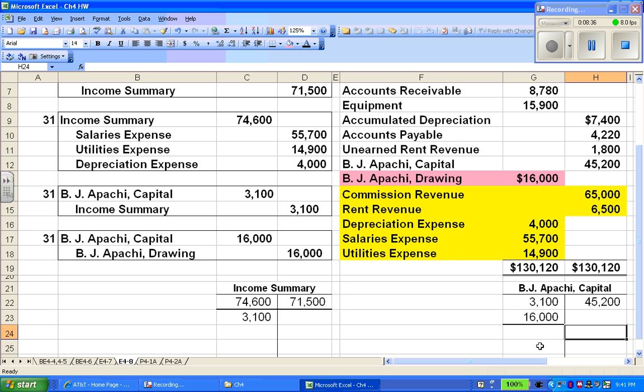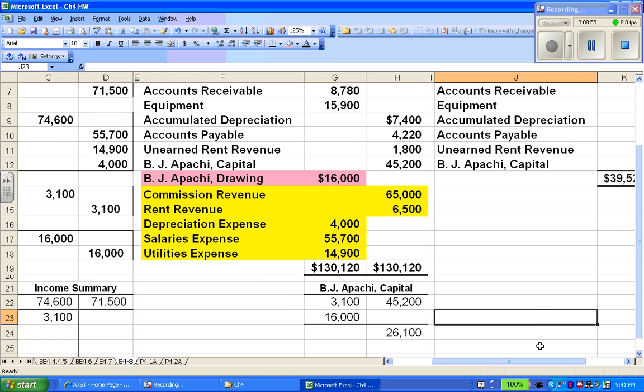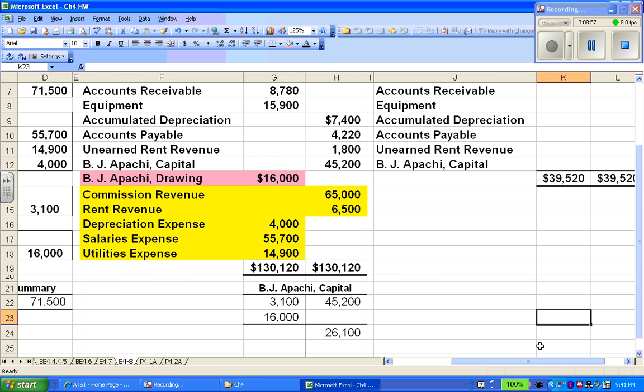All right, so let's see, I'll take my credits and I'll subtract out my debits from that. So we have a balance in our capital account of 26,100.